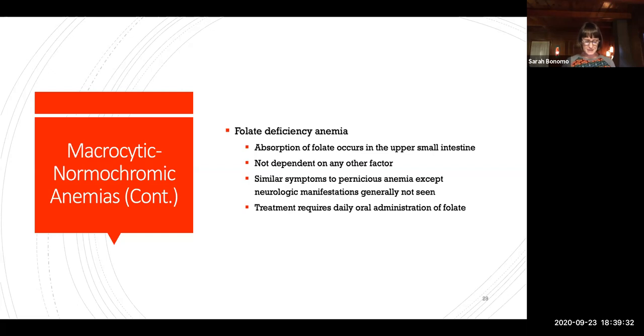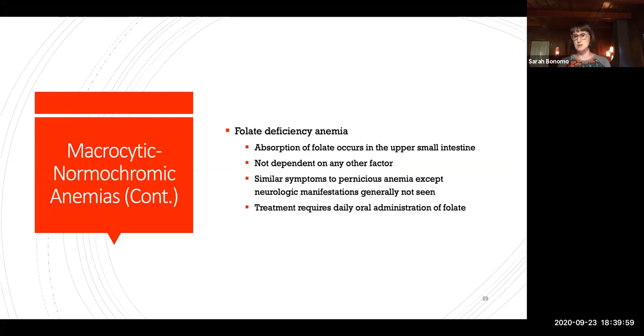So this is folic acid is an essential component for both RNA and DNA synthesis, and it typically affects rapidly dividing cells like the blood cells when we have a folate or folic acid deficiency. The good thing is that folic acid is not dependent on any other factor, like vitamin B12 requires intrinsic factor.